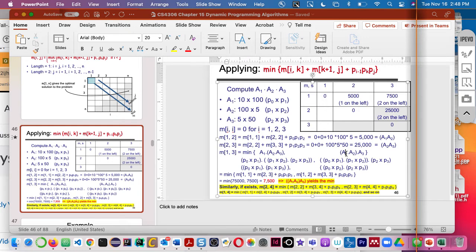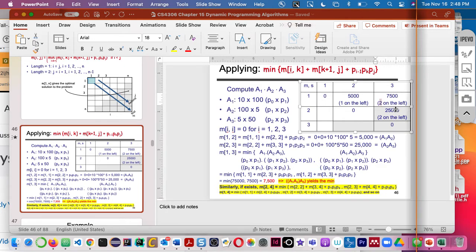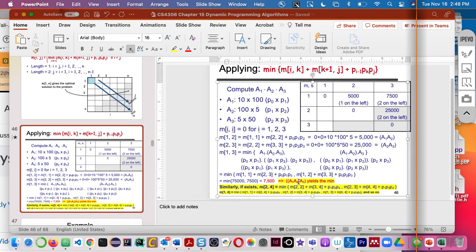From this pair, A1 and A2, right? This means the first 2 matrices will be on the left side. The 2 value will be here.